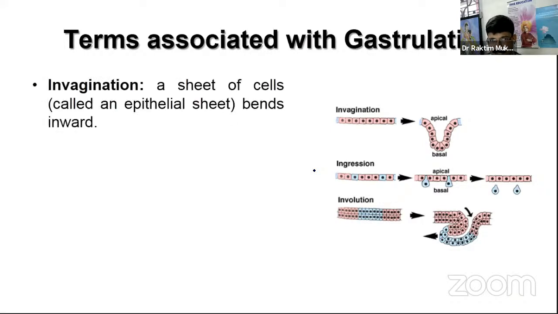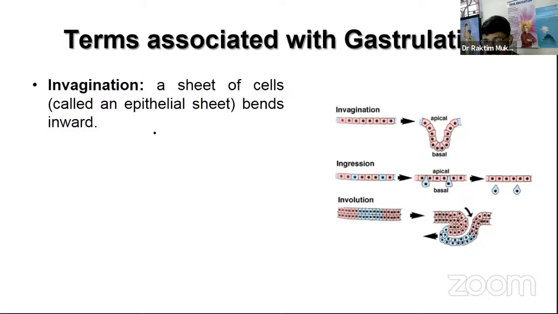Now we will study some of the terms associated with gastrulation, and using these terms we will answer some of the CSIR-NET questions. The first one, invagination. Invagination refers to a sheet of cells called epithelial cells.